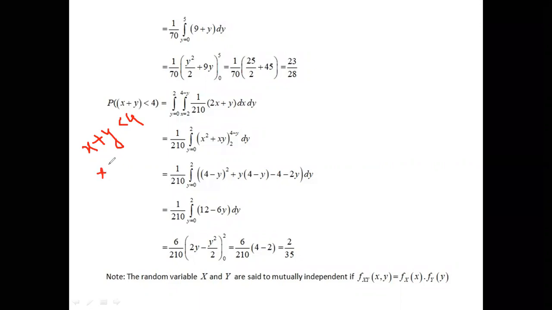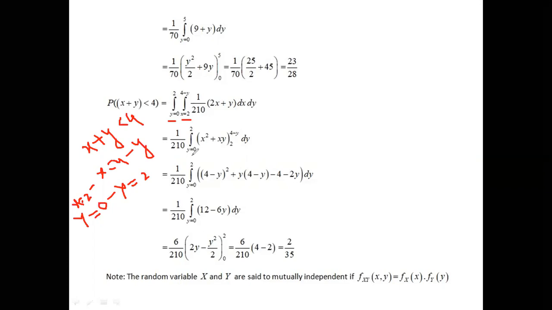So x will be 4 minus y. The x starting value is 2 from the given limits, so x is from 2 to 4 minus y, and the y limits are 0 to 2. So we are taking y equals 0 to 2 and x equals 2 to 4 minus y. Here the x limits are in terms of y.